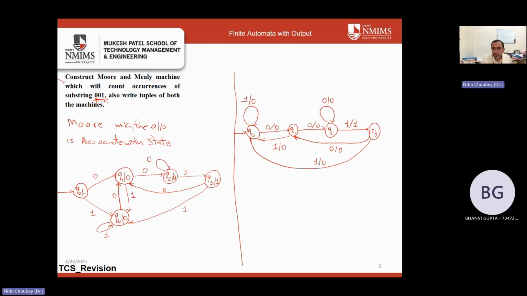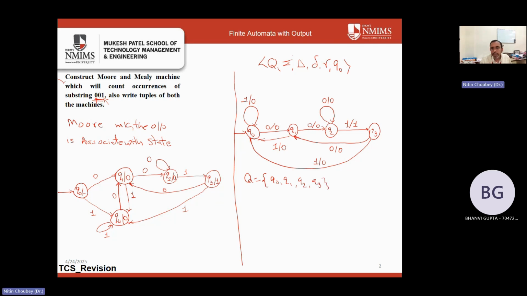Now, capital Q would be the same. The definition of a Mealy machine is also given in a similar way: Q, summation, output alphabet delta, lambda, Q0, where capital Q is the finite set of states consisting of Q0, Q1, Q2, Q3. Q4 is not there, so Q0, Q1, Q2, Q3.